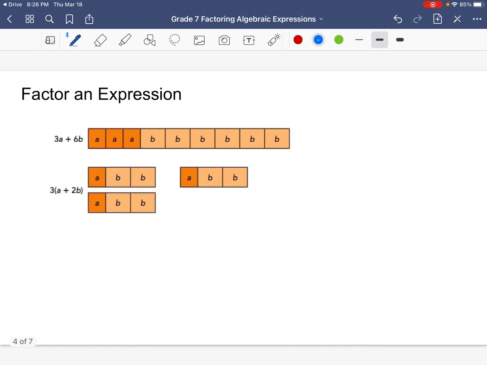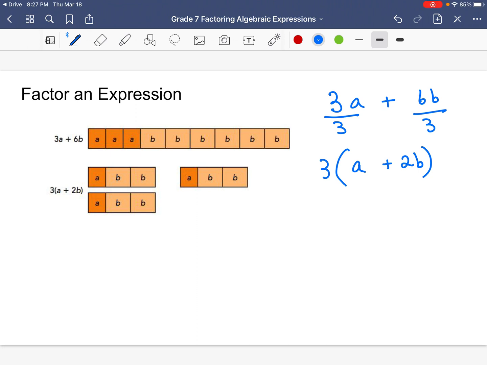So let's look at factoring 3a plus 6b. What's the greatest common factor of 3a and 6b? We can divide both of these by 3. So we would have 3 outside the parentheses. 3a divided by 3 is a. 6b divided by 3 is 2b.